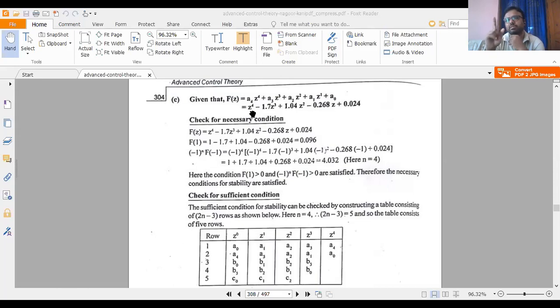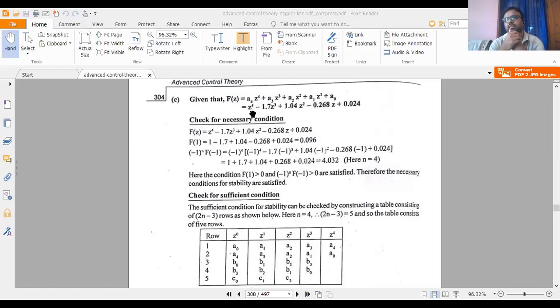How many rows are going to be obtained for this one? 5 rows. The first row consists of a0 to an, that is, a4, and the second row is the reverse order of the first row, from a4 to a0. The third row consists of the b values, b0, b1, b2 and b3, and the fourth row is the reverse order of the third row, b3, b2, b1 and b0.